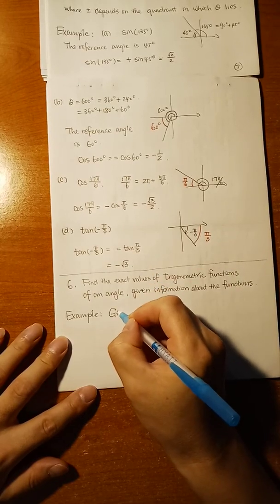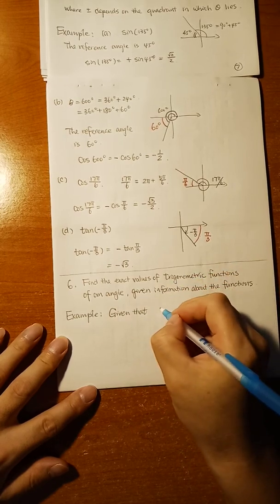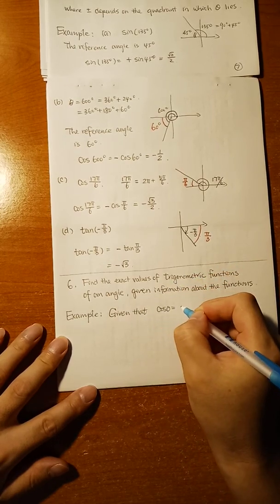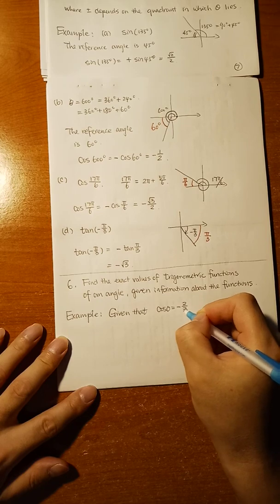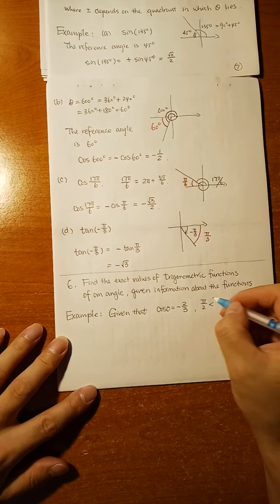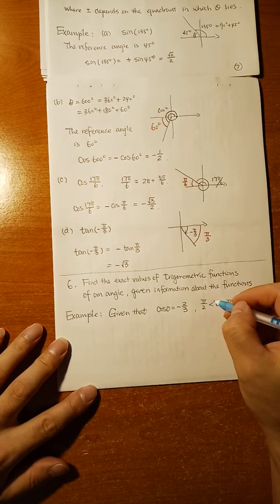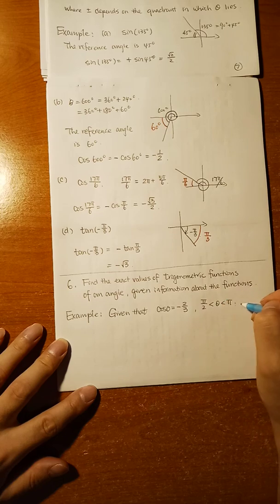So given that cosine theta is equal to negative 2 over 3, and theta is between pi over 2 and pi.